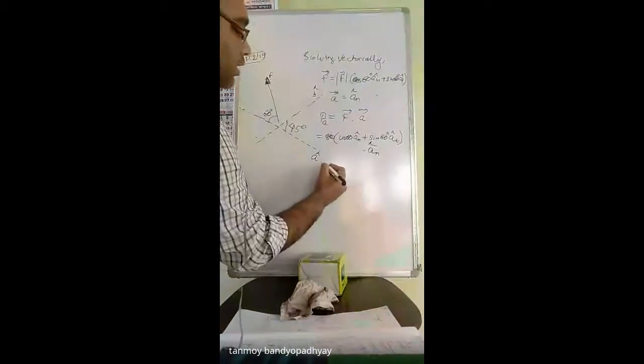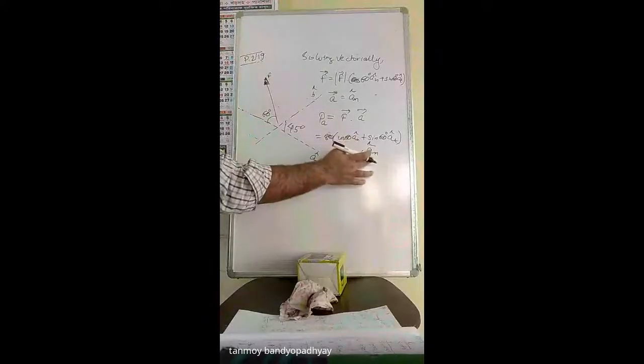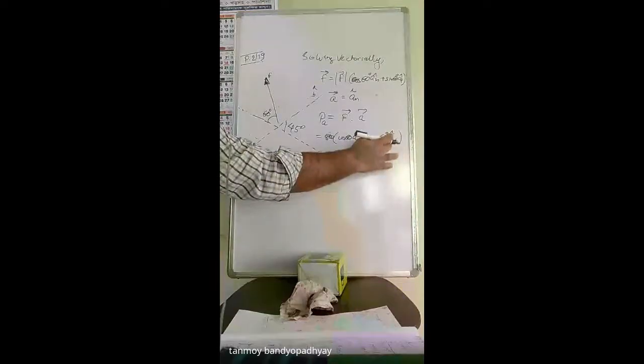In the dot product, an cap with an cap gives cos 0, which is 1, and at cap with an cap, this term will be cancelling.